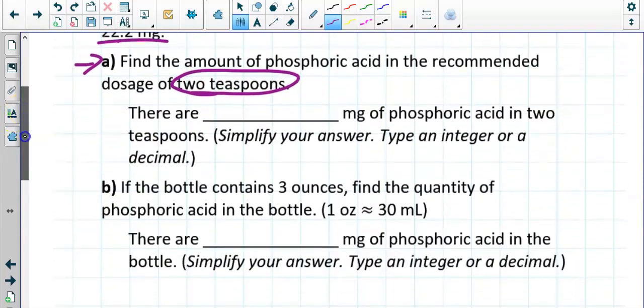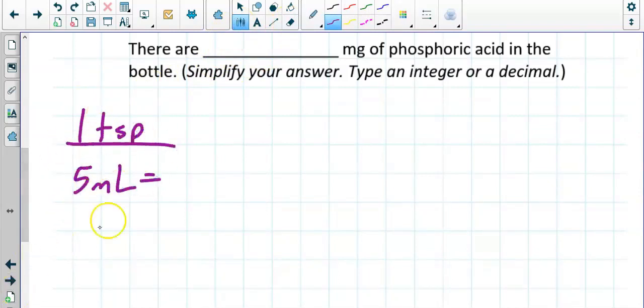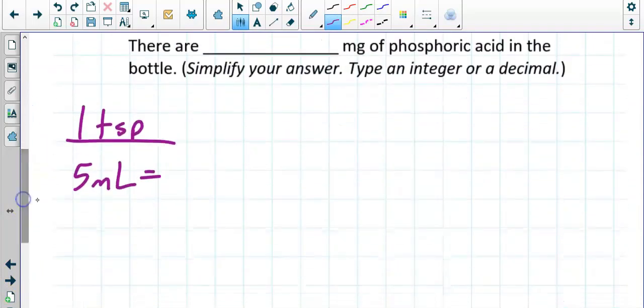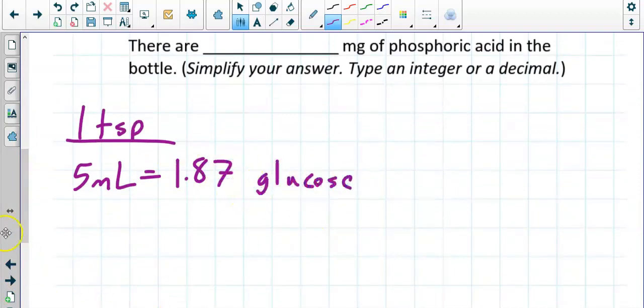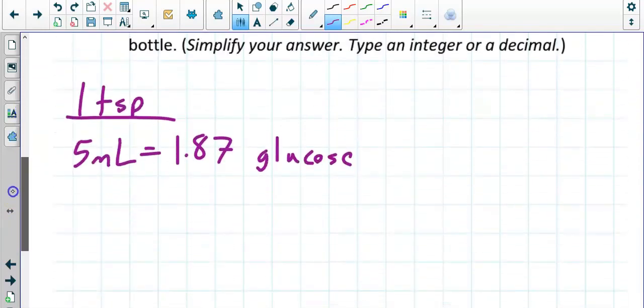Okay? So I'm going to write out some things down here that we know. 1 teaspoon. And so I don't cram that all together since I messed up writing it. 1 teaspoon, which is all about 5 milliliters, tells us that we have 1.87 glucose. That's how I spell glucose, correct? Yep.